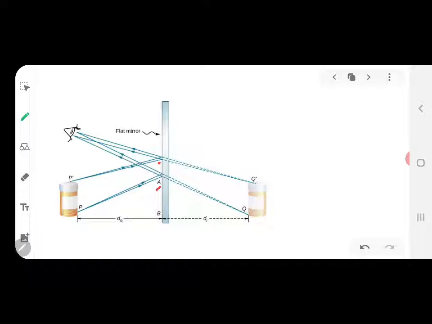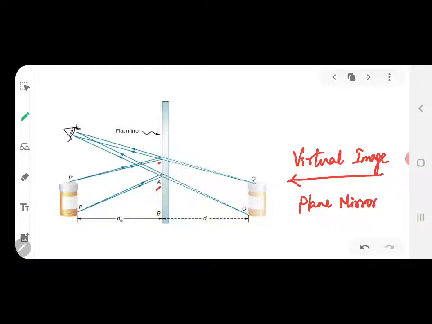Actually, they appear to meet at a point, and whenever there is an apparent intersection of reflected rays, what type of image is formed? Obviously, it is going to be a virtual image. So in this case, the image formed by the plane mirror is a virtual image.